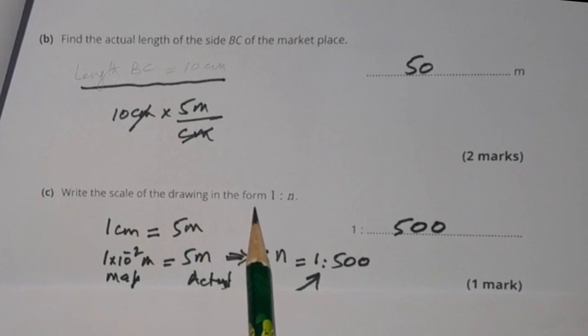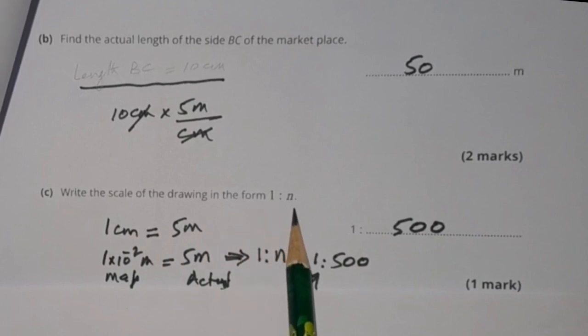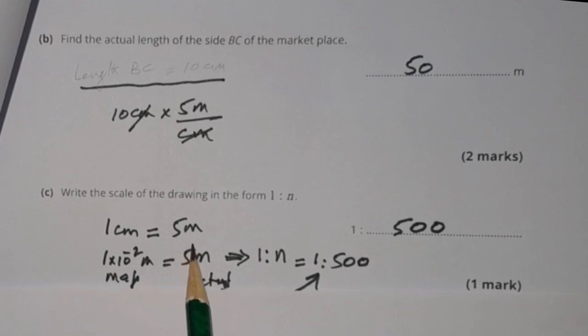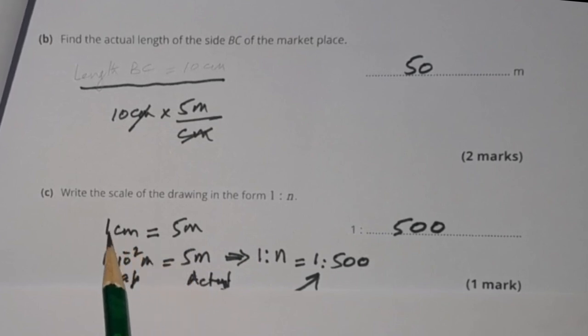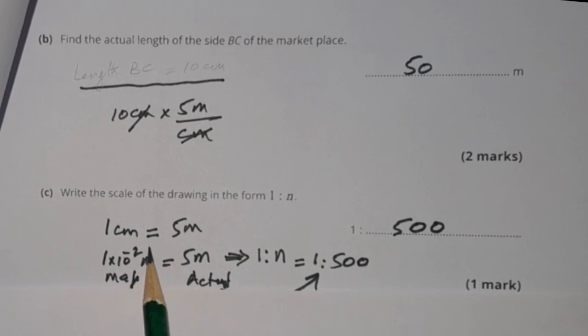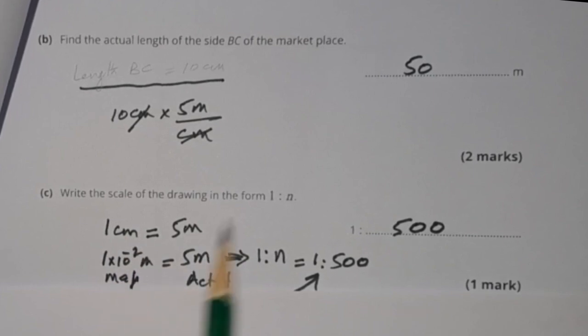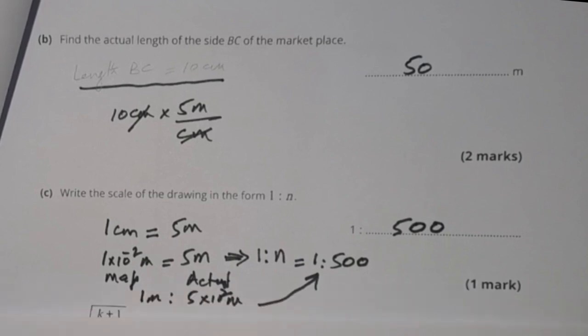Part C of the question, write the scale of the drawing in the form of 1:n. The scale is 1 centimeter equal to 5 meter. We convert this centimeter into meter by multiplying it with 10 to the power minus 2, and then take 10 to the power minus 2 on the other side.